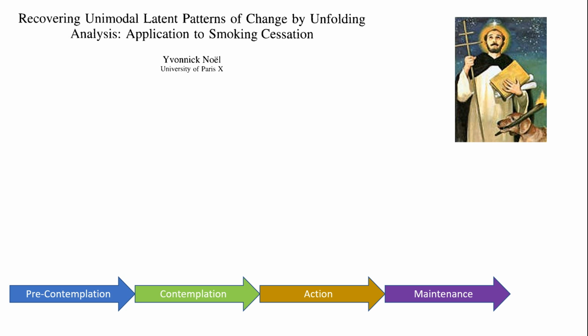Well, the author's thinking was, if this is truly a stage model, then I should be able to find items where as you move through the stages, you will reach a point where you flip from saying no to saying yes, but then you'll reach a later point where you return to saying no because you've left that stage.